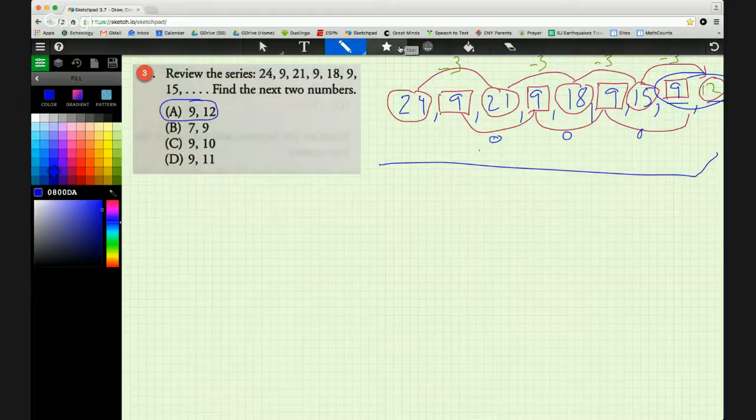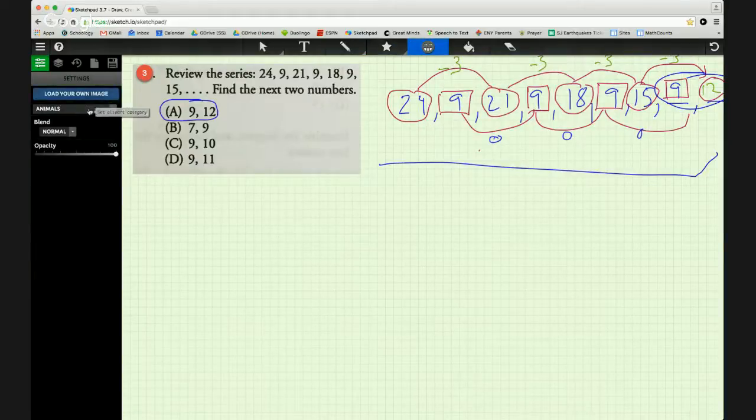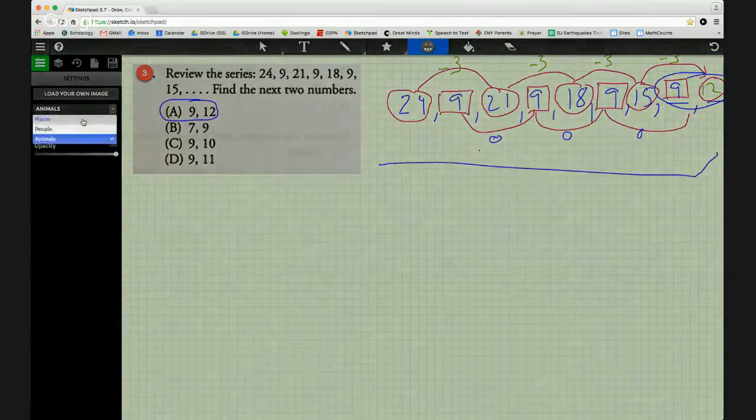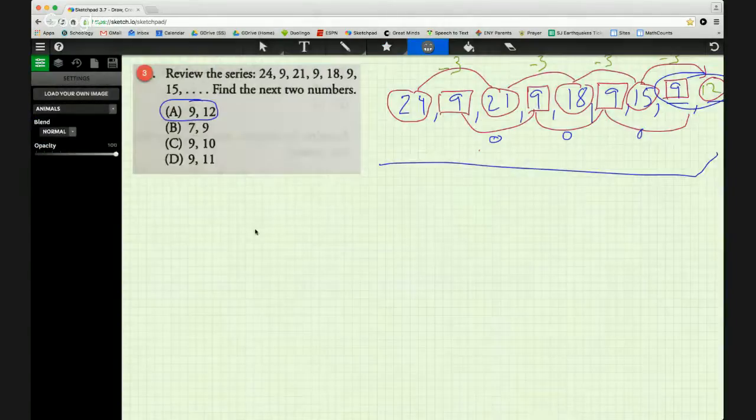Okay, and when we get our question answered correctly, we go, uh-oh. Dang it, we lost our images. What? I'm beside myself.